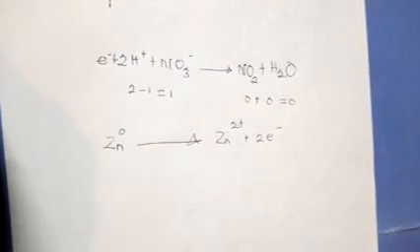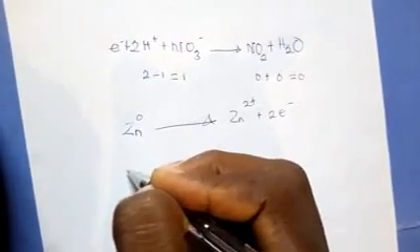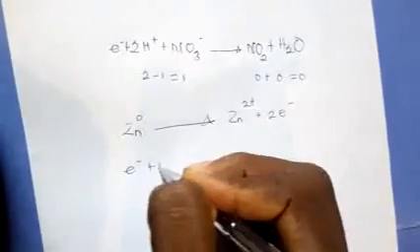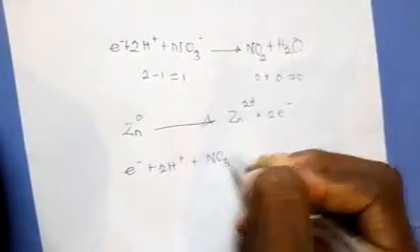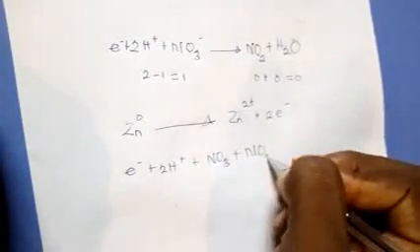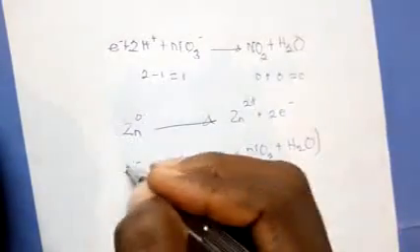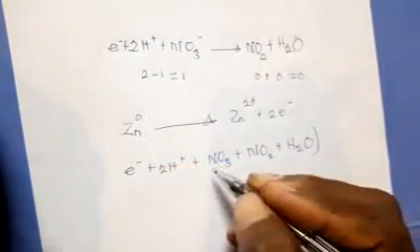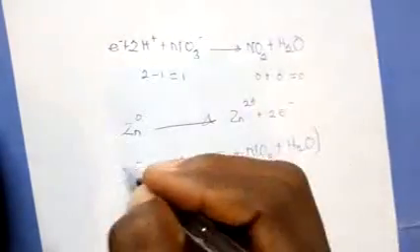And the next thing to do is to compound both the oxidation half reaction and the reduction half reaction. But before we do that, write the reduction half reaction under here. E minus plus 2H plus NO3 plus NO2 plus H2O. Now look at this equation. You have E minus, 2E minus, so it needs to be balanced.